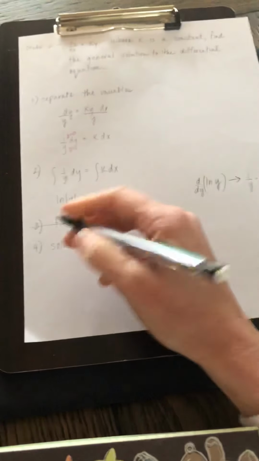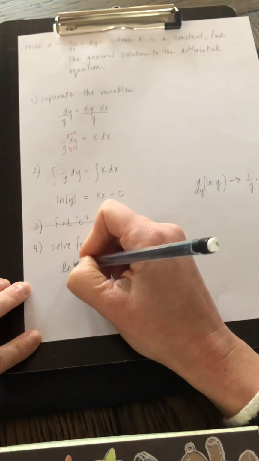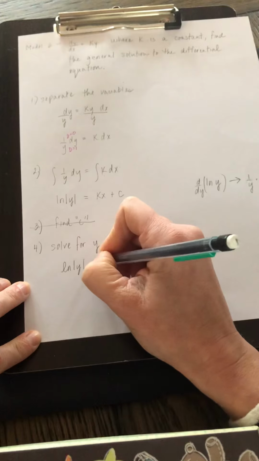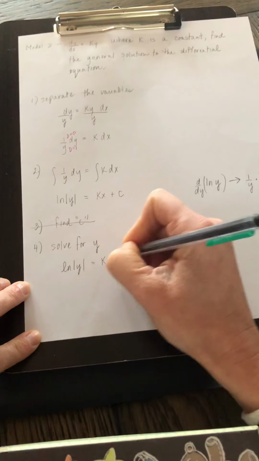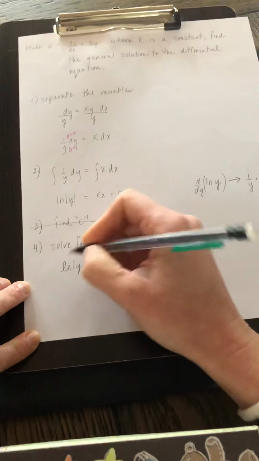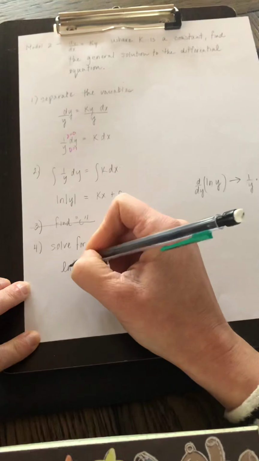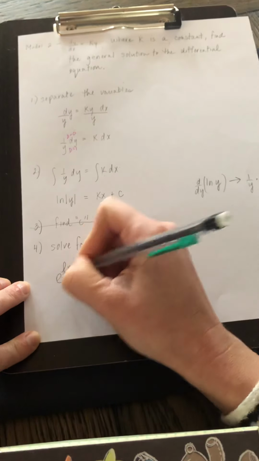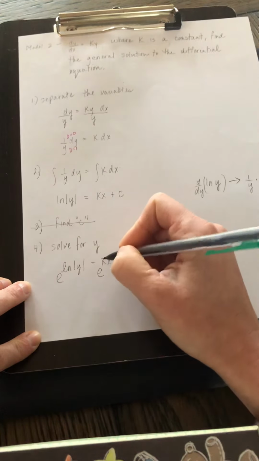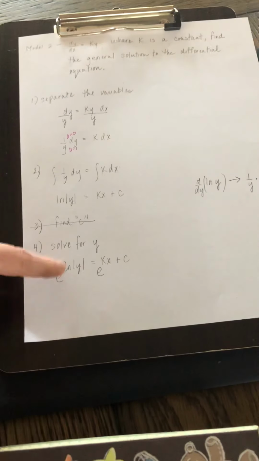We're going to use our technique of exponentiating both sides. And we definitely want to use the base of e, since e and ln have that inverse connection that we really like.